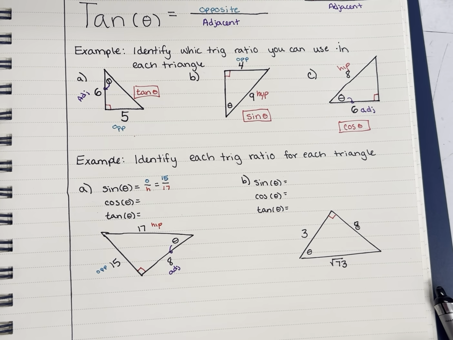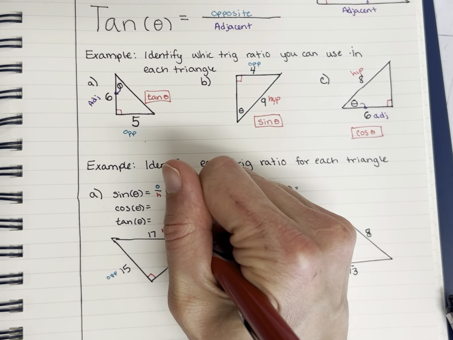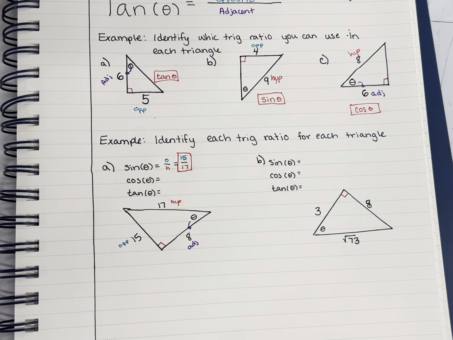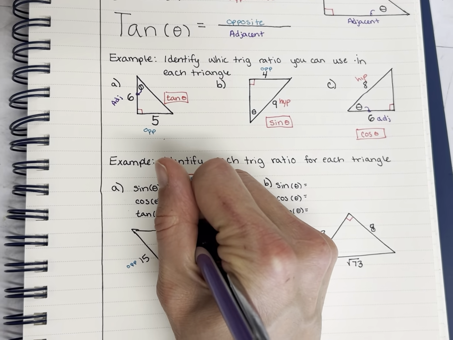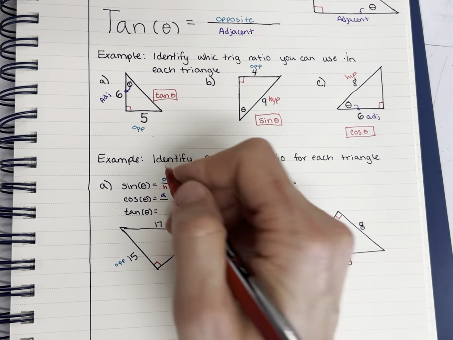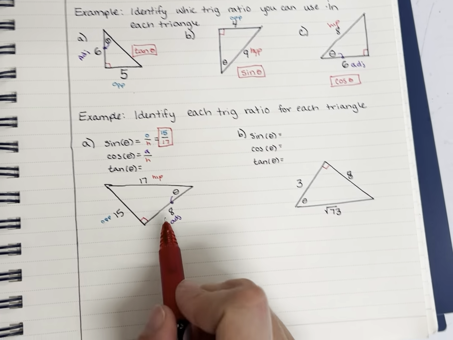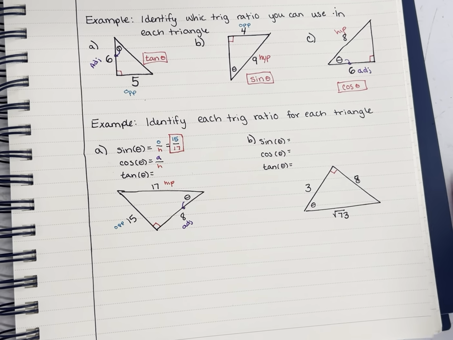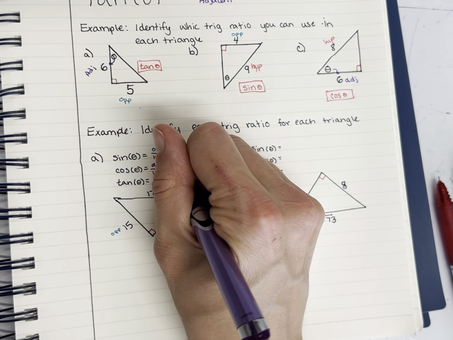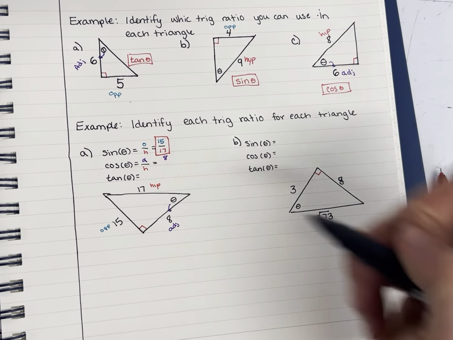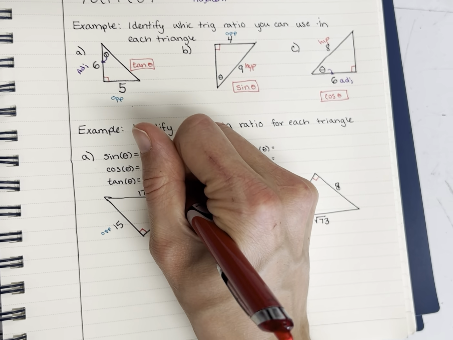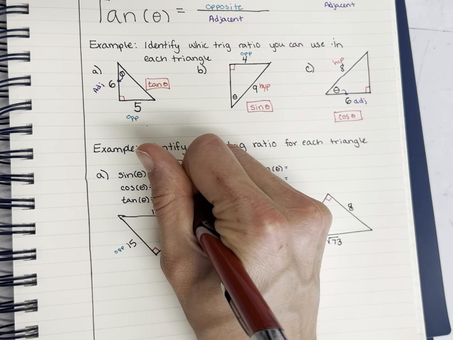So sine of theta is just the ratio of 15 over 17. Now I do cosine. Cosine is A over H, the adjacent over the hypotenuse. Here, my adjacent is 8, which means it's going to be 8 over my hypotenuse, which is 17. So the cosine ratio is 8 over 17.